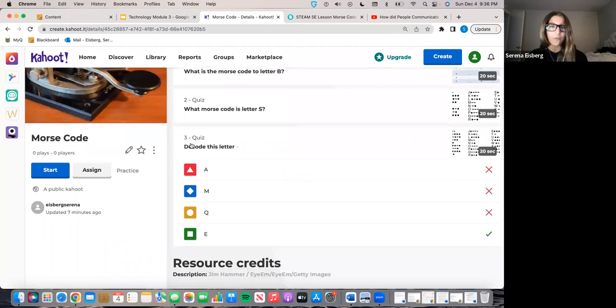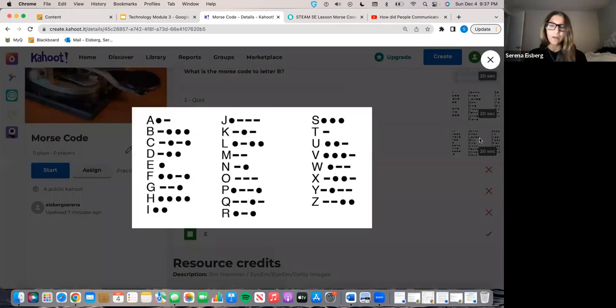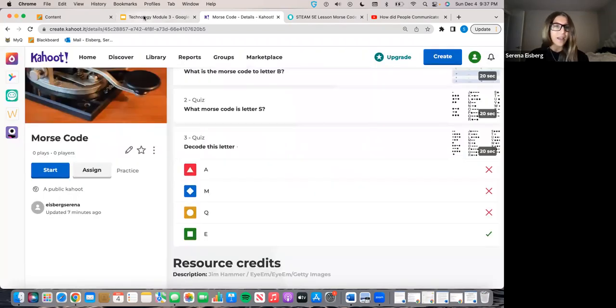So I have decode this letter and it's a dot, and then I provided A, M, Q, E, as well as the chart with the alphabet and the code so they could see it.